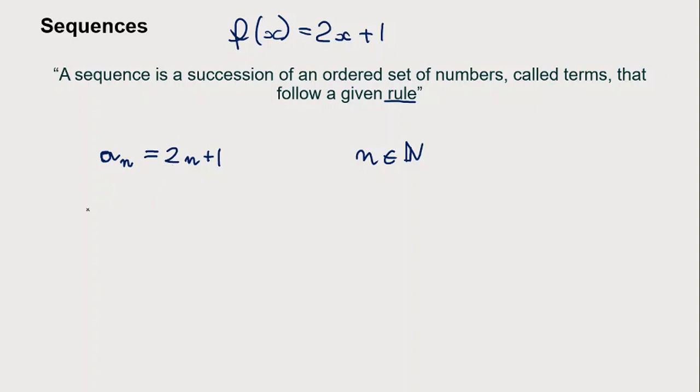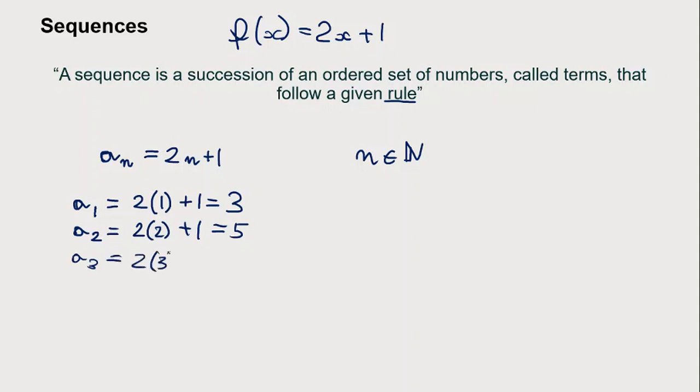So using this rule, you would notice that A1, the very first term of that sequence, we just replace n with 1, just like we would do with functions, and we find that the result is 3. If you try A2, you will notice that the next term in the sequence is 5. If you try A3, you will quickly notice that this is 7, and so on.